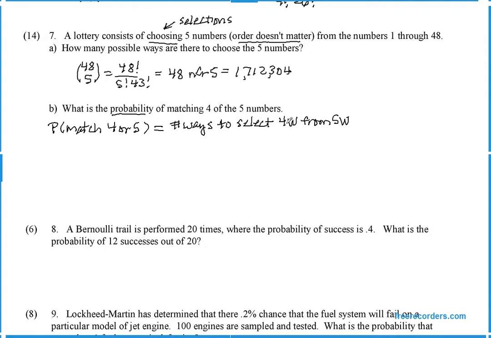And then the other 1 number is going to come from the losing numbers. And then on the bottom is just the total number of ways to select 5 from our total of 48. No restrictions.